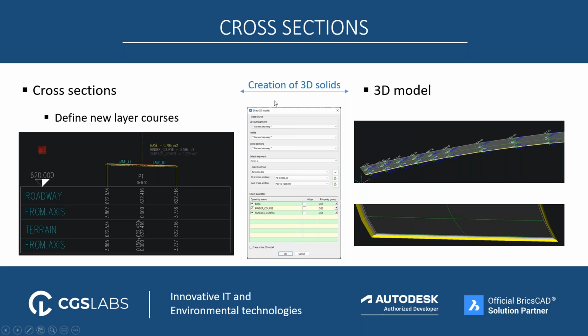So for example, we have these cross sections with base, binder, and surface courses defined. And here we have a window for creating a 3D model. All the quantities here are read from the cross section, and we get the 3D model in our plan view.